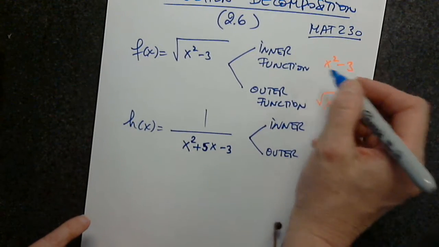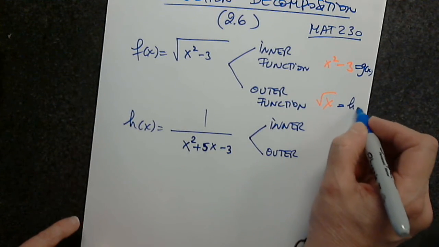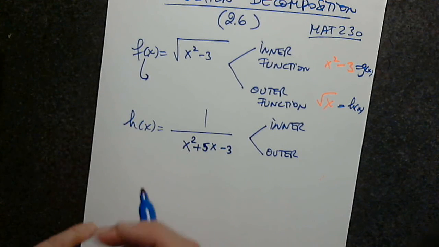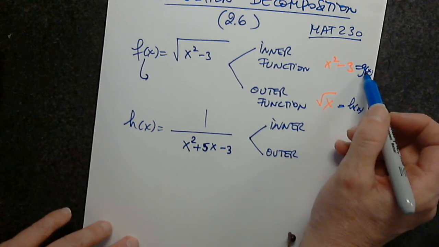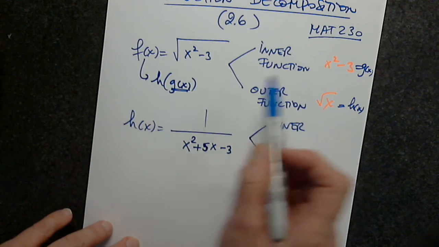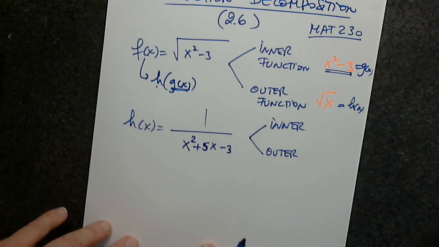If I name this g of x and I name this h of x, then it's very clear that f of x will be h of g of x, because that's the inner and I apply it first, and that's the outer and I apply it second.